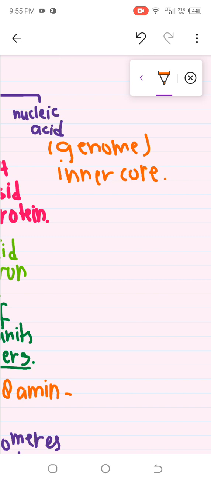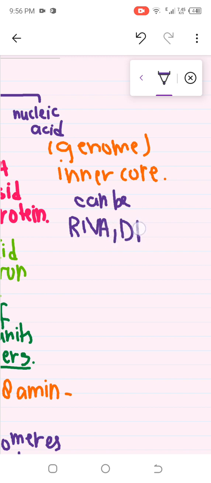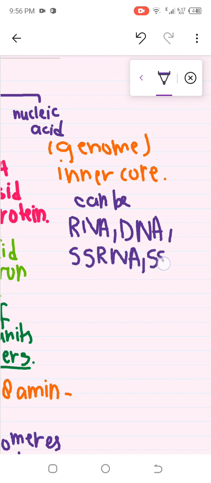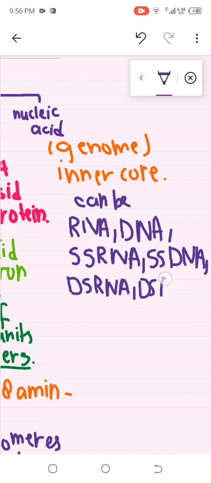Nucleic acid may be DNA or RNA, either single stranded RNA, single stranded DNA, double stranded RNA, or double stranded DNA.